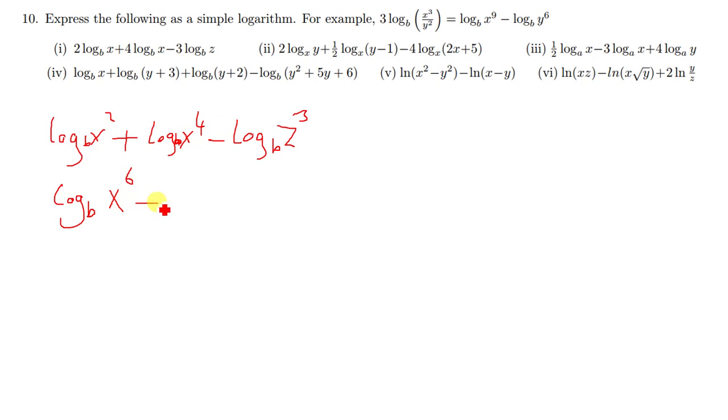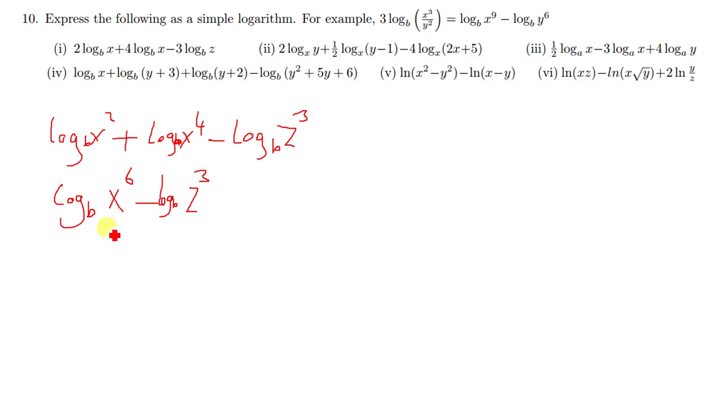Then you have minus the log of z raised to power 3, and the base is b there. Let me just write it properly. Yes, the base is b. So what do you do with two logs there?